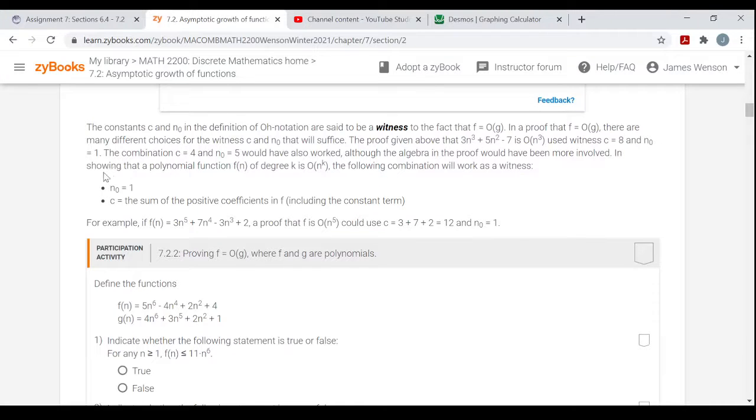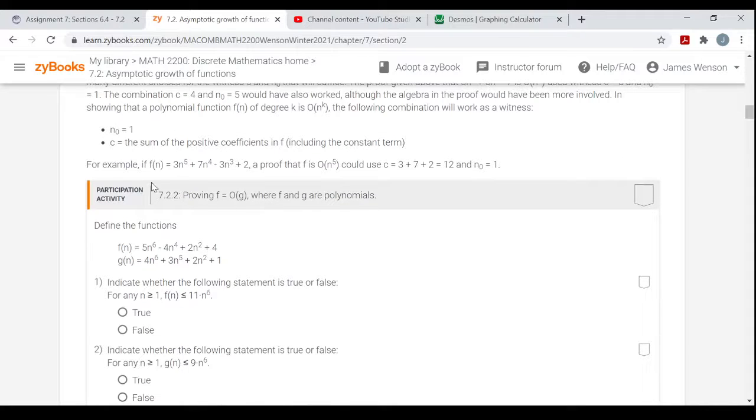Alright, so in showing that a polynomial function f of n of degree k is O of n to the k power, you can use these as witnesses: n0 equals 1 and c equals the sum of the positive coefficients of f, including the constant term.